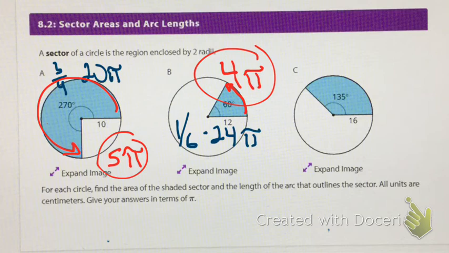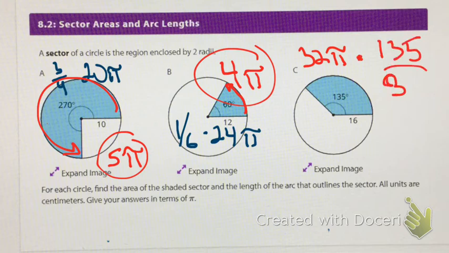All right, and the last one here we may need a calculator for, but let's give it a shot. The diameter is 32, 16 times 2, times pi, and then the fraction is 135 out of 360. Just like the area, that's a pain, so we've got to use a calculator on it. So let's go with 32 times 135 divided by 360, and we get 12 pi.